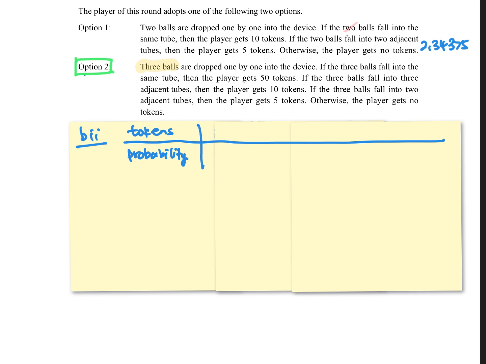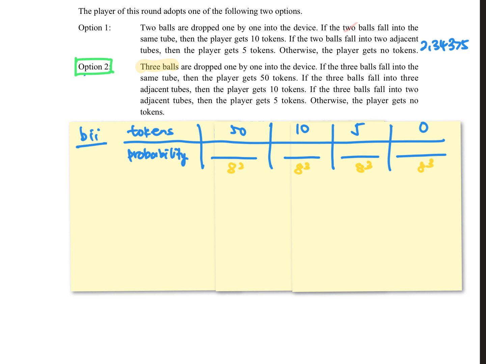For the denominator, since this time 3 balls are dropped one by one, that will be 8 cubed, just extending the multiplication rule of probability.